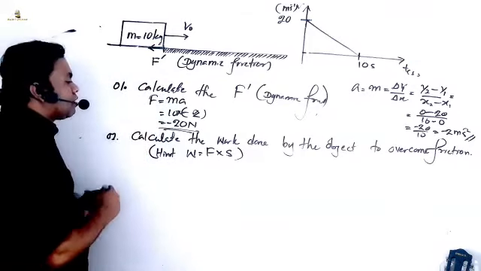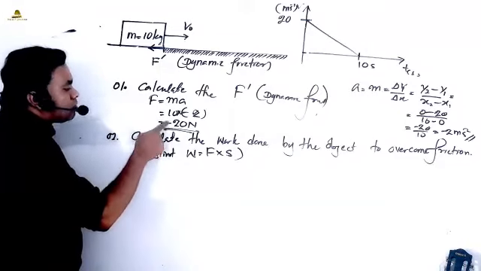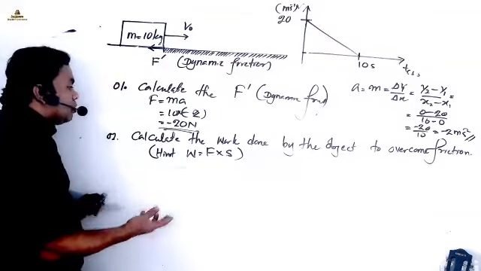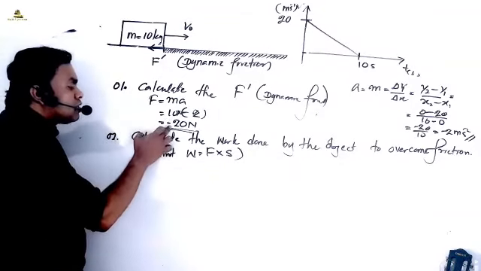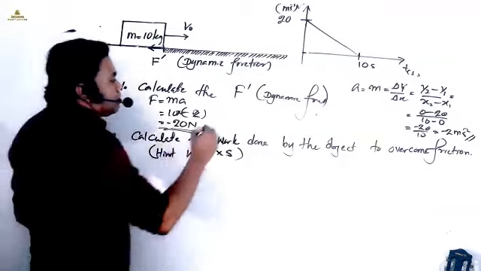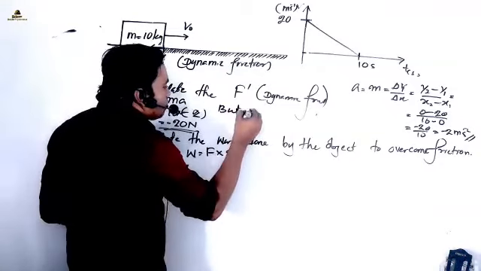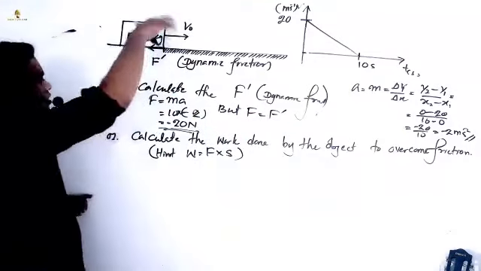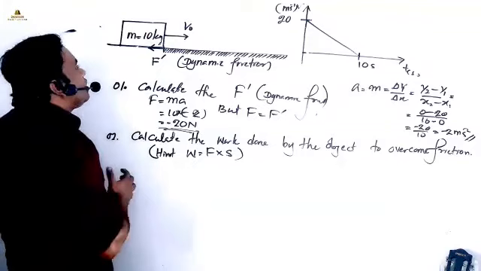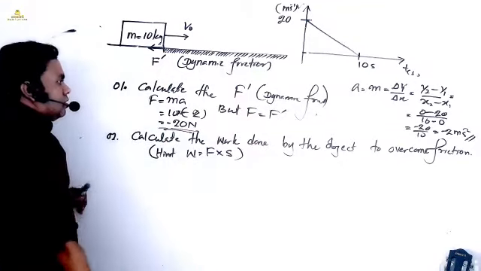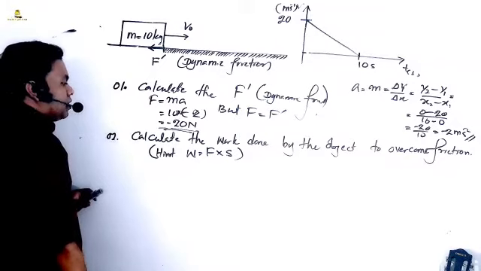It can be calculated. That's the only force, so that's minus 20 newtons. Always friction is against the motion. Therefore, we end up with a minus value for this force. F equals F dash this time because there are no other forces. The only external unbalanced force is the friction. So this is minus 20 newtons.